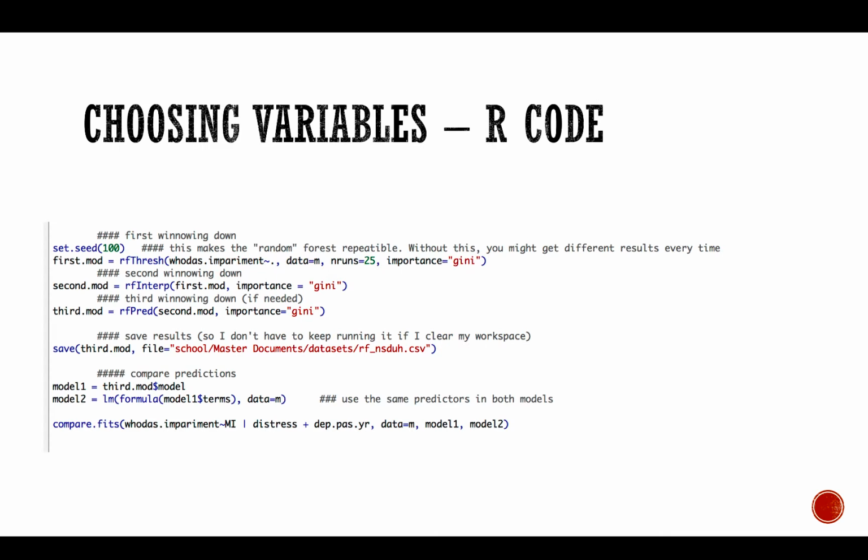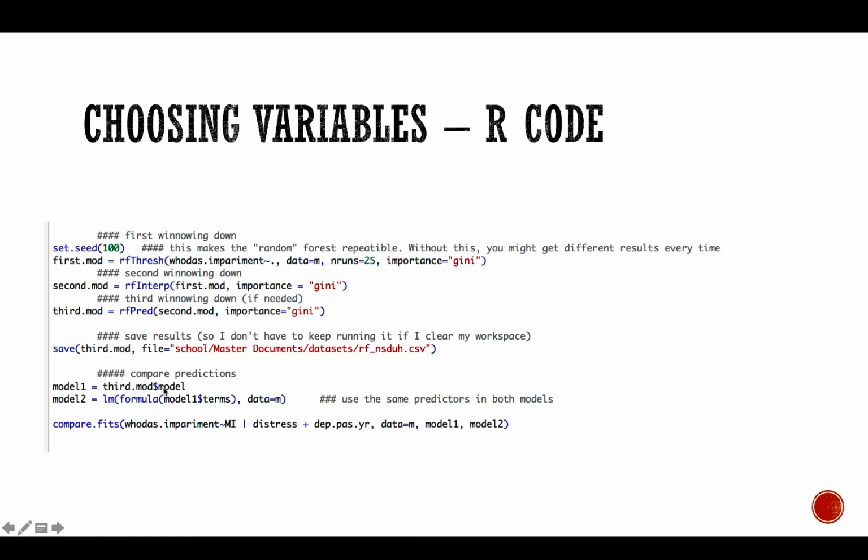So here are some ways that you can choose variables. I think we've seen all that first part, the threshold, the interpretation, and the prediction step, and then saving the model. And then what we can do is compare the predictions. So I'm creating a model. When you do these RF-pred FIFER functions, the function actually stores the random forest model within that object, the third.mod.